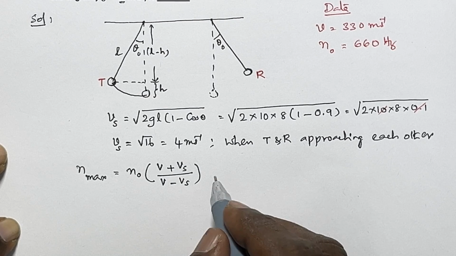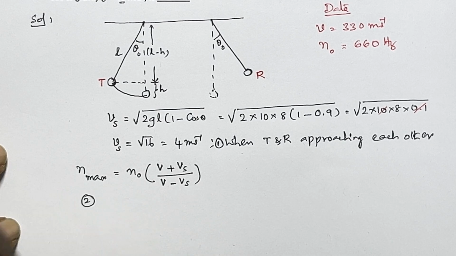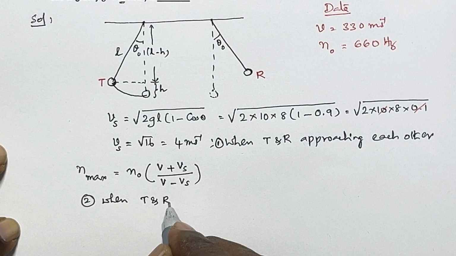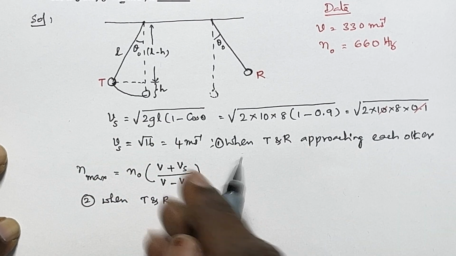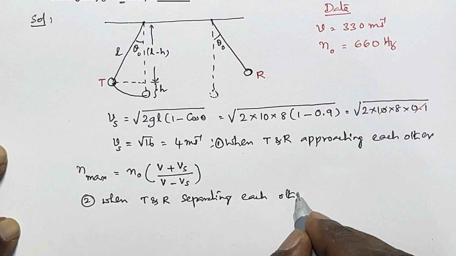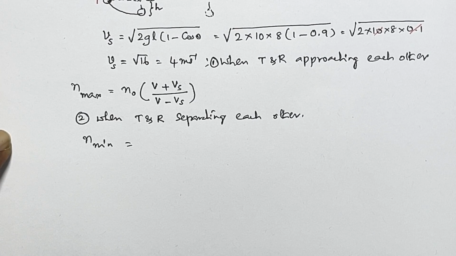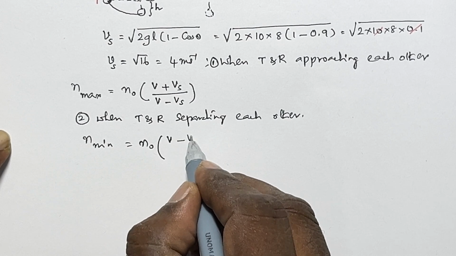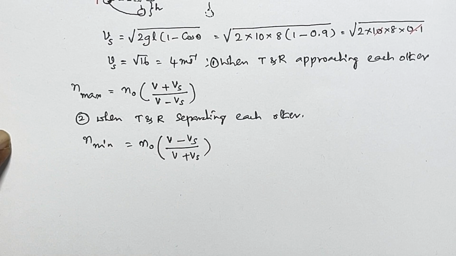This is the formula. Secondly, when T and R are receding, or going away, separating from each other, then the apparent frequency decreases. n minimum is equal to the real frequency into (V minus Vs) by (V plus Vs). Vs is the source velocity, V is the velocity of sound.